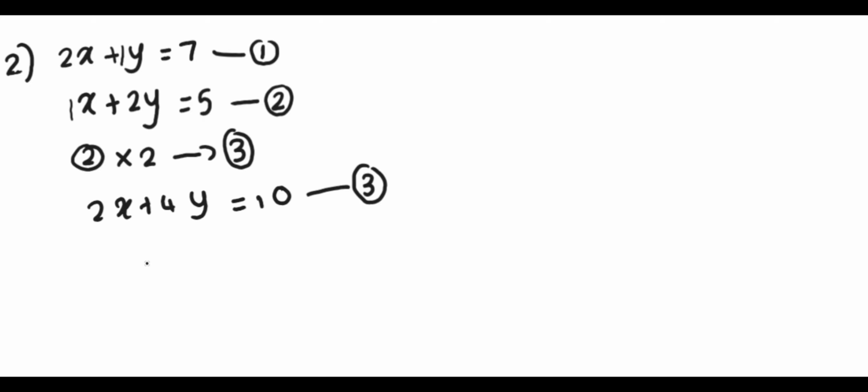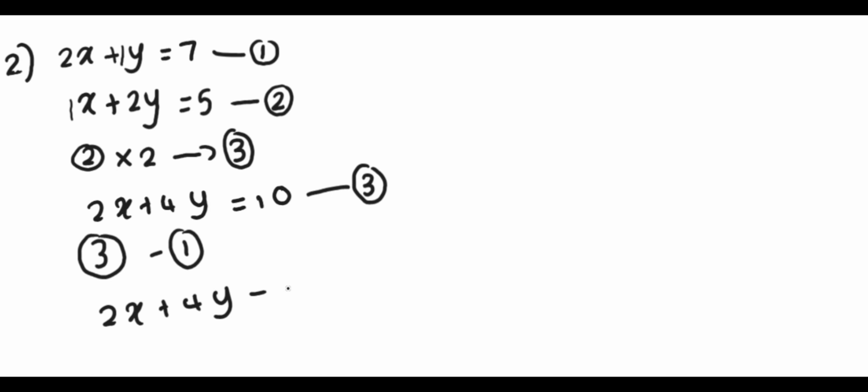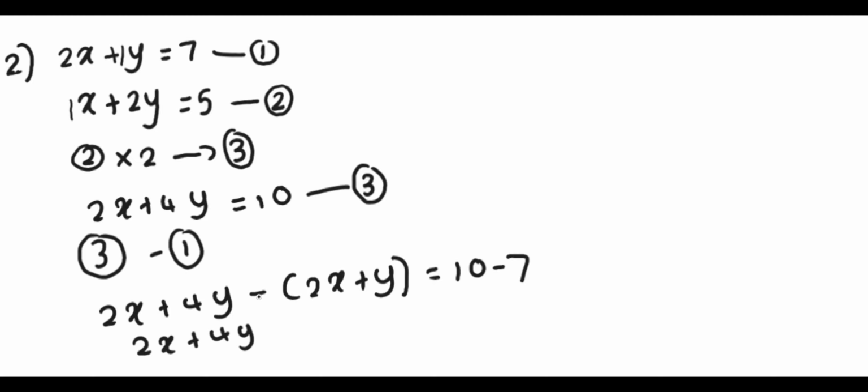So we subtract 3 by 1, which is 2x plus 4y minus 2x plus y, and 10 minus 7. 2x plus 4y minus 1 into plus 2x is minus 2x.